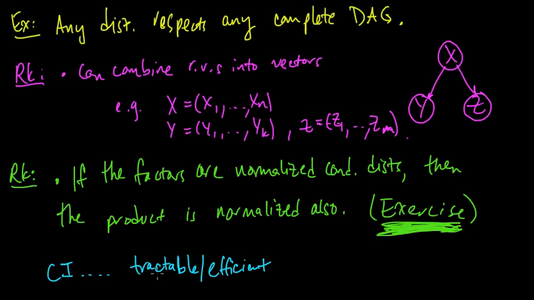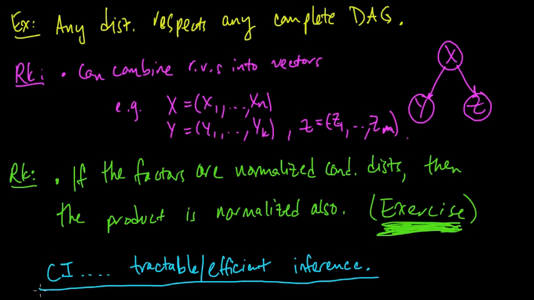Tractable meaning at least that it's possible, and hopefully not too inefficient. So always keep that in the back of your mind. This is the fundamental reason why we're so interested in these conditional independence properties, these factorization properties of the distributions.